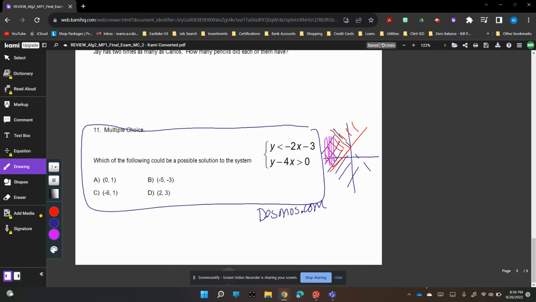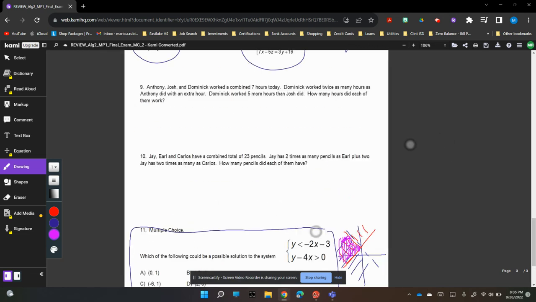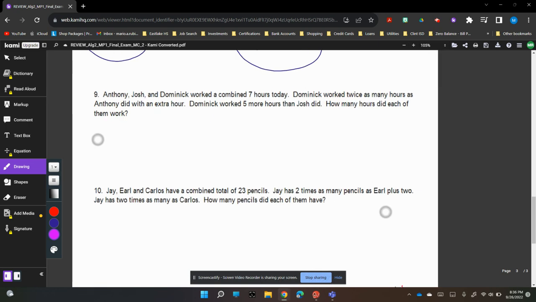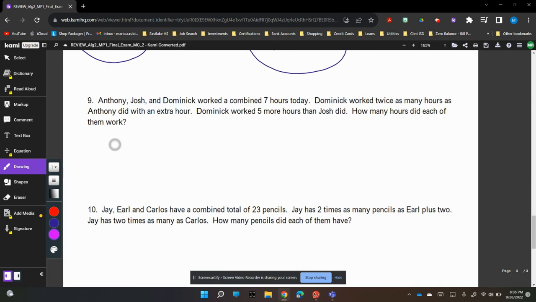Those represent the solutions to both equations. Use Desmos.com for this one. And you will have access to that on the test tomorrow. Let's take a look at how to set these up, and then that'll be it.